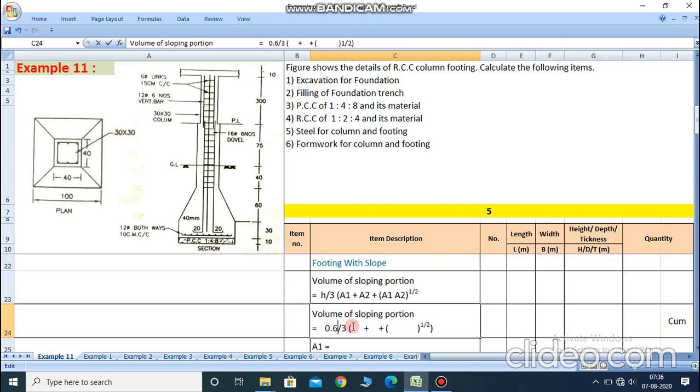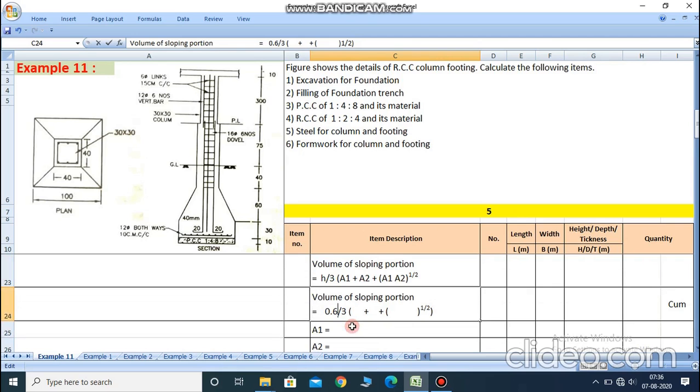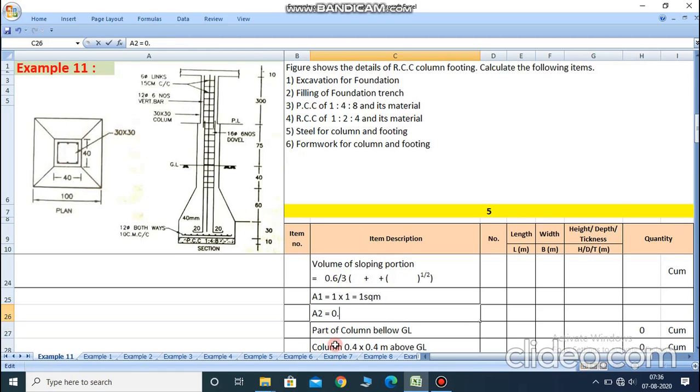Then A1 is 1 meter by 1 meter, the bottom portion, so the value of 1 by 1 meter is 1 meter square. And the upper part A2 is 40 centimeter by 40 centimeter, converted into meter, 0.4 by 0.4. The multiplication of 0.4 by 0.4 gives 0.16 meter square.